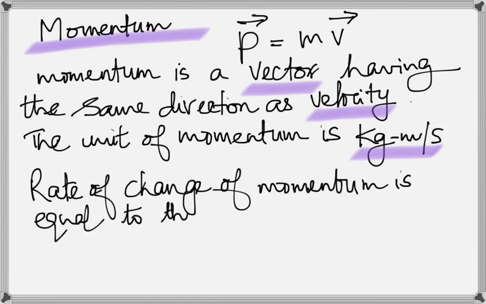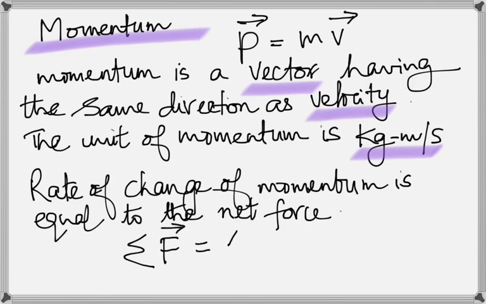So what do you mean by rate of change? Something divided by time. How much it changes with time. So rate of change of momentum is equal to the net force. You know that's the symbol for net force, isn't it? Sigma F is equal to delta P by delta t. What do you mean by delta P?